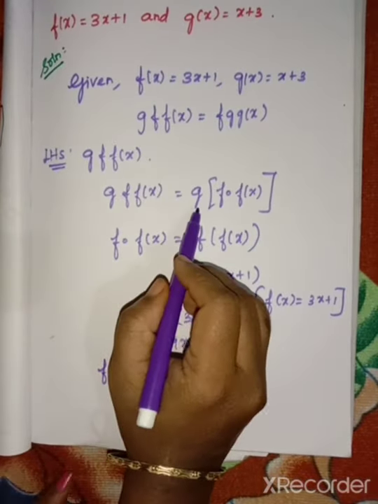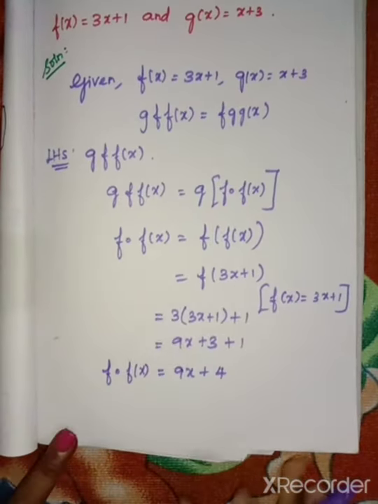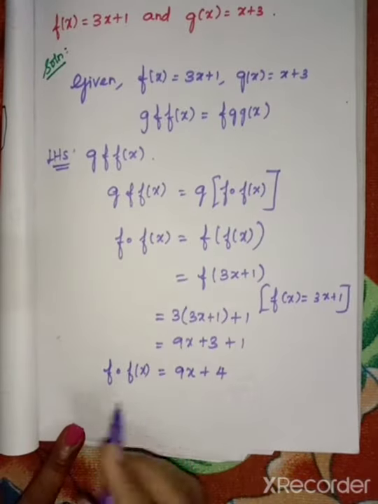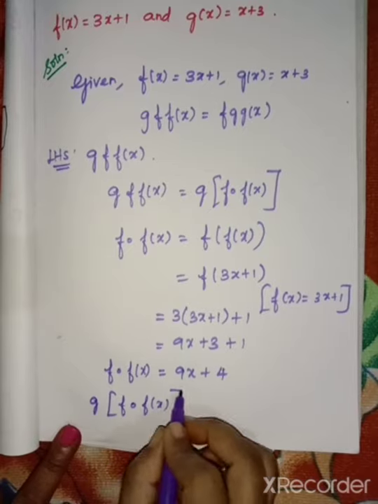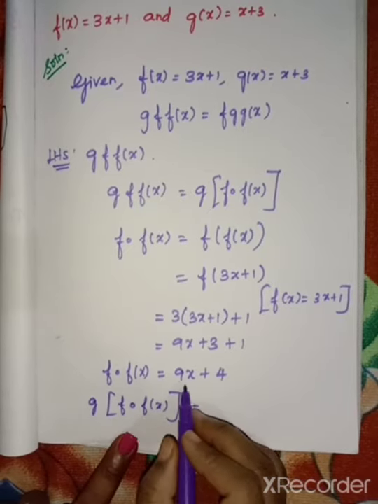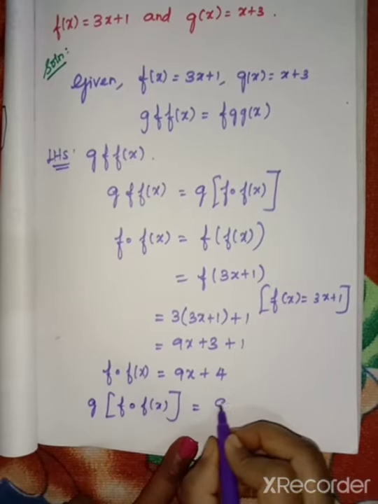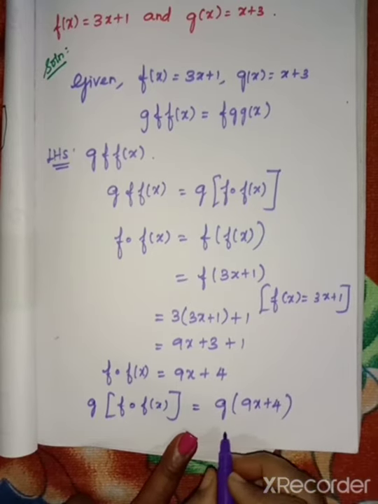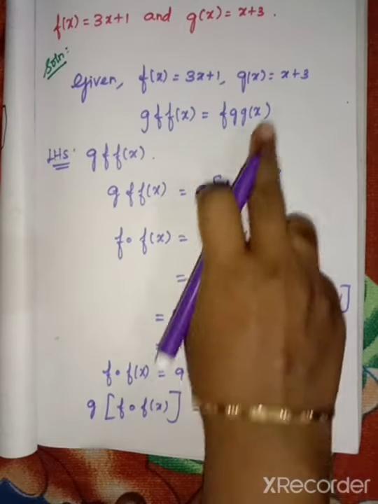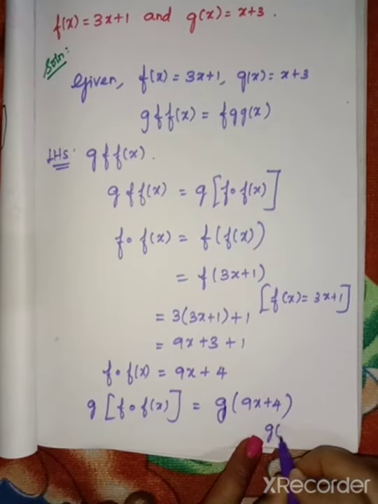But what is given? g of f of x. So we substitute this in place. g of f of x equals g of 9x plus 4. Here the function is g, where g of x equals x plus 3.